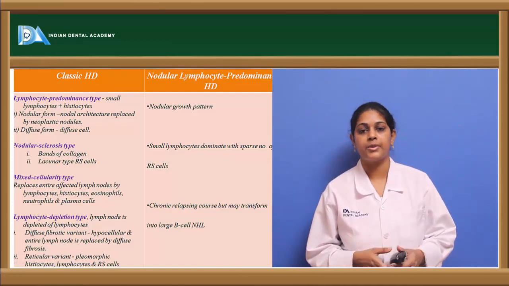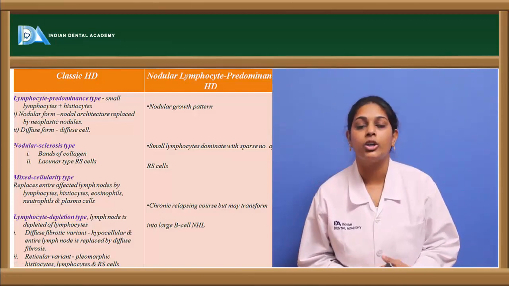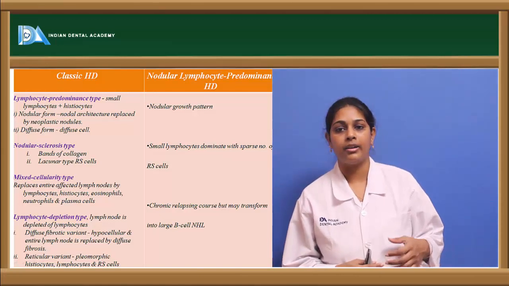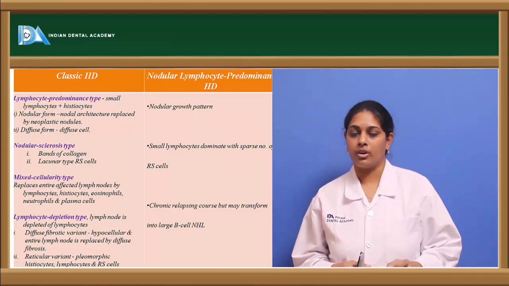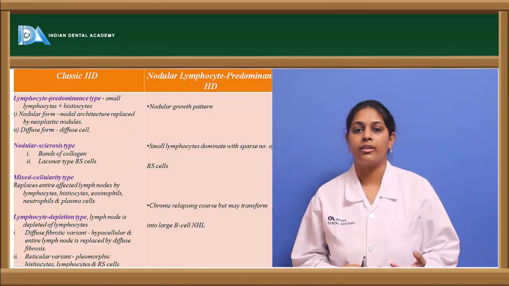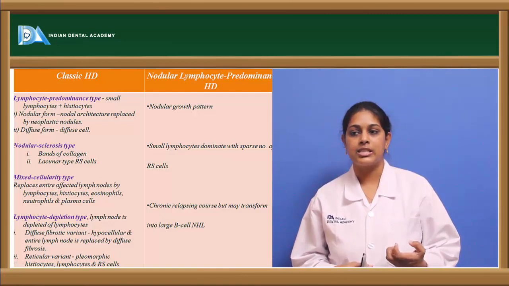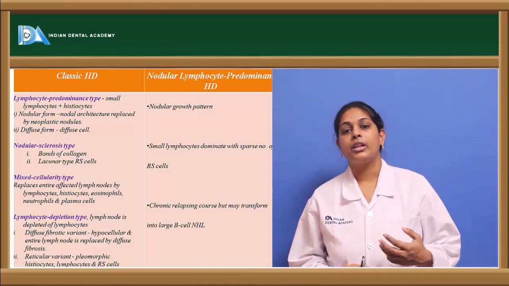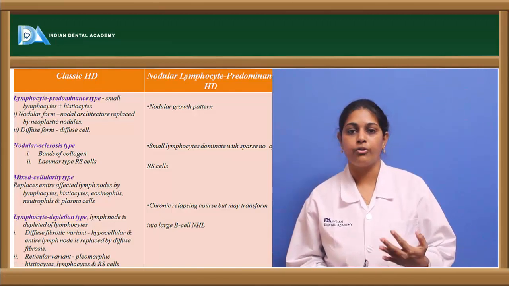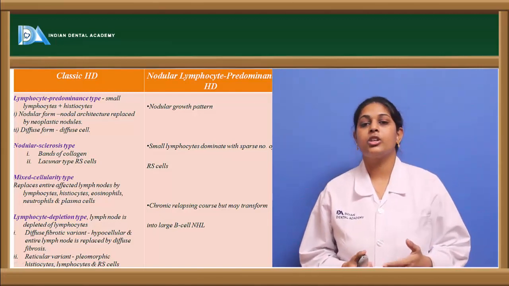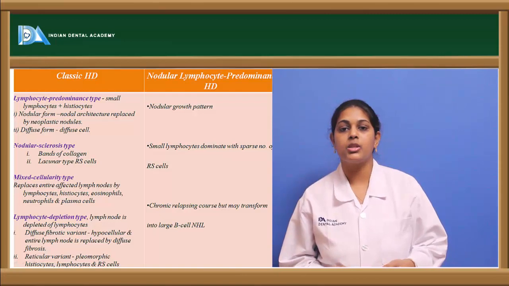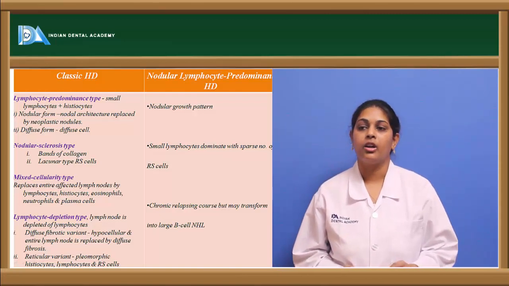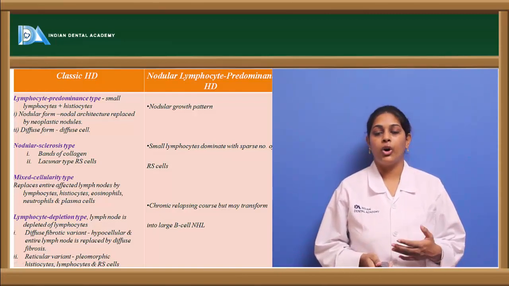This chronic relapsing stage can be seen in the nodular lymphocyte predominant type, and these episodes of occurrence and absence of the disease might result in a large B cell non-Hodgkin's lymphoma. So these are the features of classic Hodgkin's lymphoma as well as the nodular lymphocyte predominant type of Hodgkin's lymphoma.